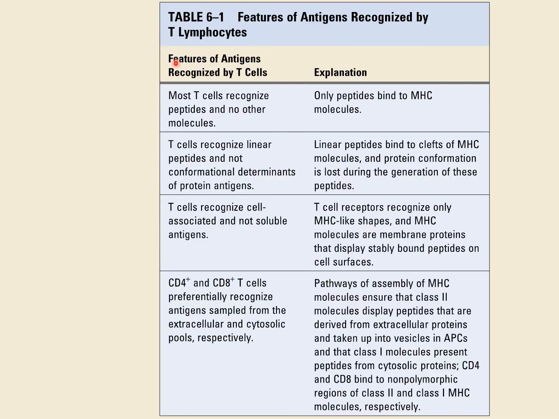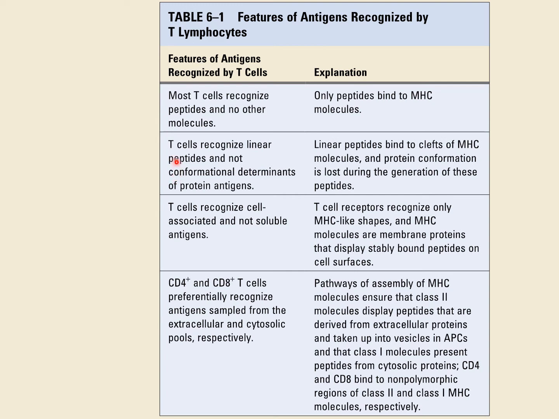This table shows a summarized form of features of antigens that are recognized by T cells, with some explanation. The first feature is that most T cells recognize peptides. Peptides means they are proteinaceous in nature and no other type of molecule. Why? Because the MHC can only display peptides. It cannot display carbohydrates or lipids.